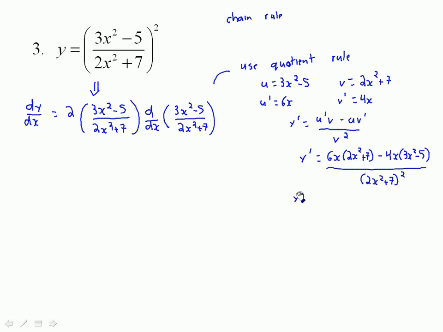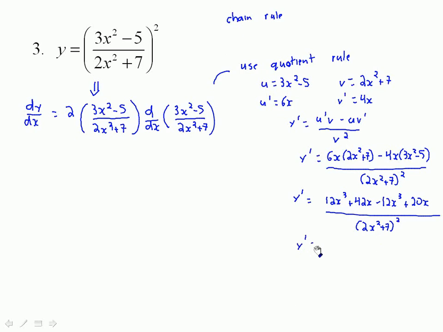Now we're going to have to clean that one up, and we're going to have to distribute the two factors in front. So 6x times 2x squared is 12x to the 3, plus 6x times 7 is 42x, minus 12x to the 3, plus 20x all over 2x squared plus 7 to the 2.